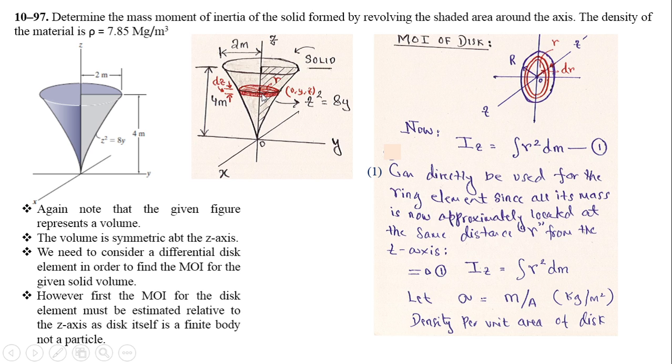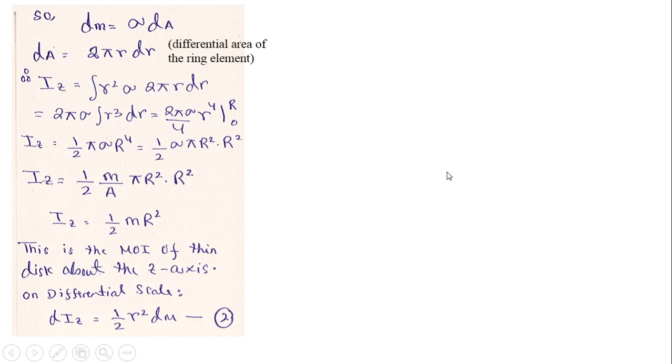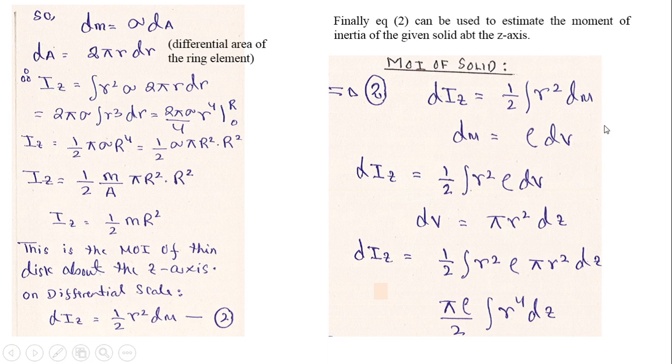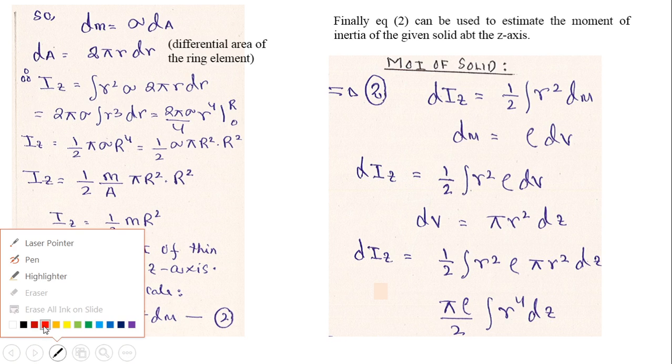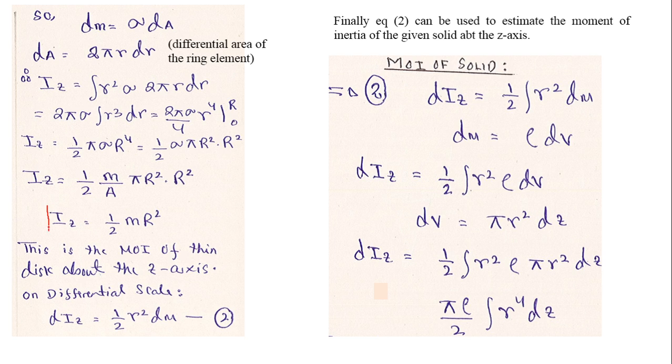So you just need to know that the moment of inertia of your disk element relative to the axis of symmetry is given by half r square dm, half this result actually, half m r square.